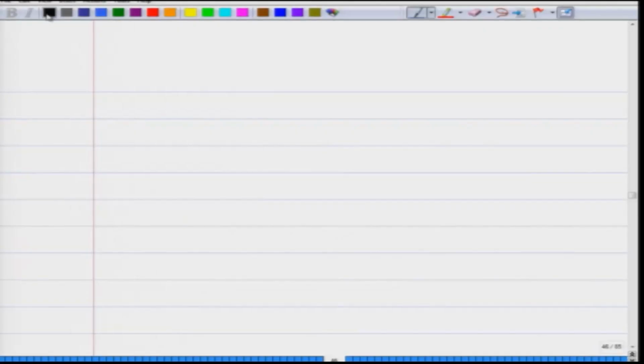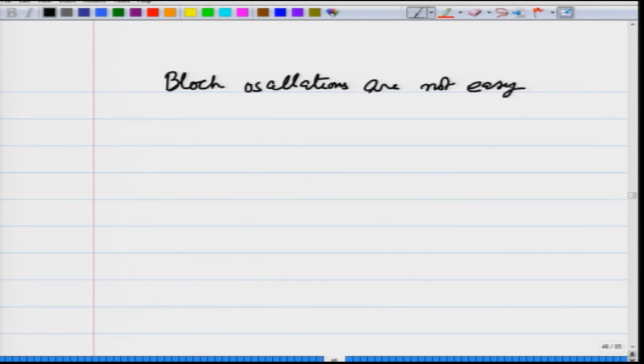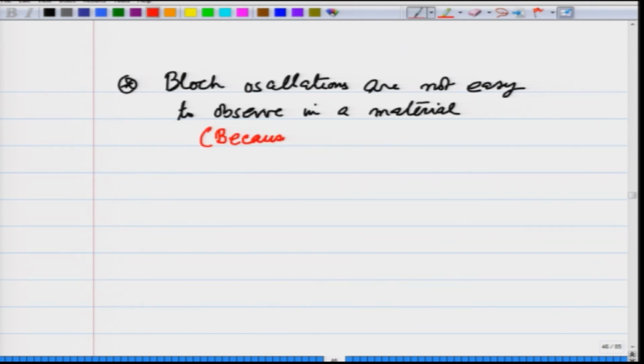So, to conclude, Bloch oscillations are not easy to observe in a material, and this is because of scattering.